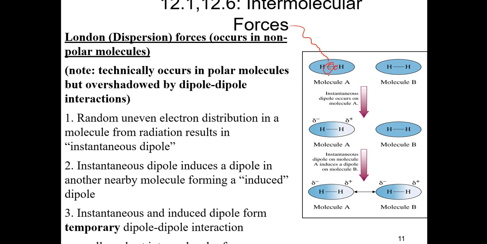And what happens is it makes the electrons very active, and then they start rocking back and forth, and it creates an instantaneous dipole, where maybe all of a sudden the electrons are hanging out on one side. And in a normally neutral molecule, we now have a temporary partial negative and partial positive. So this is called an instantaneous dipole.